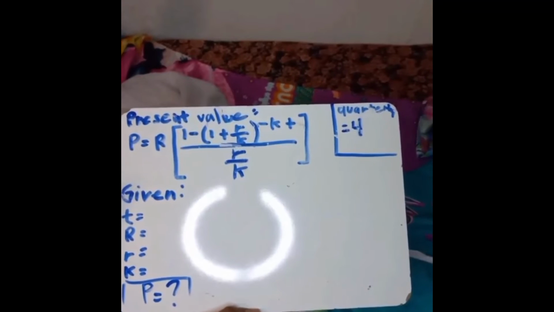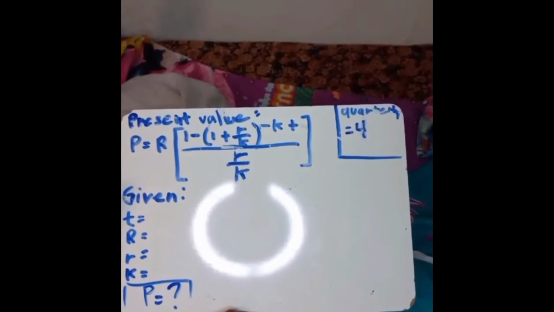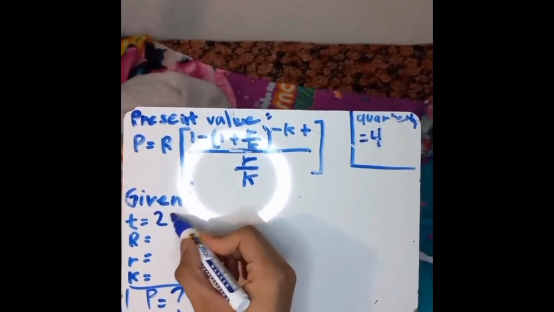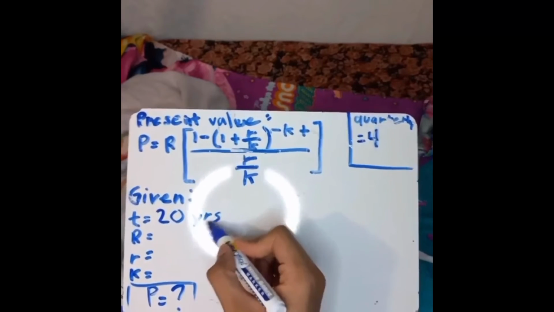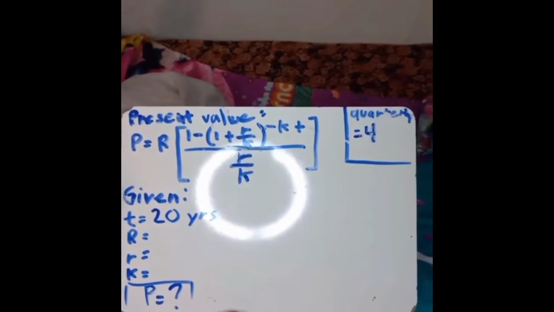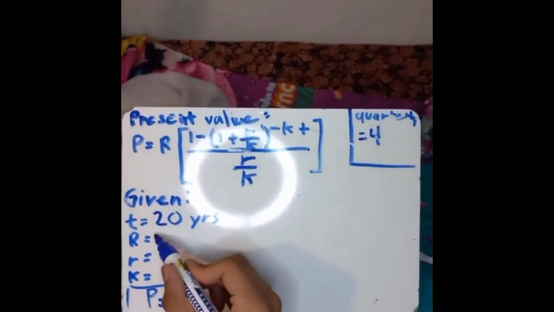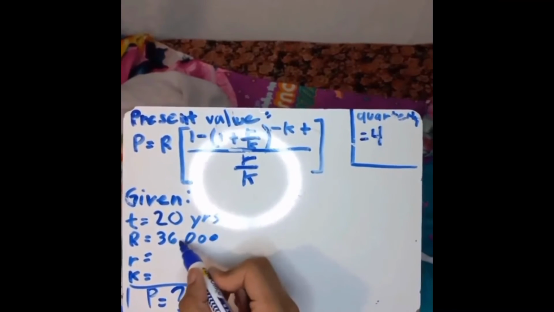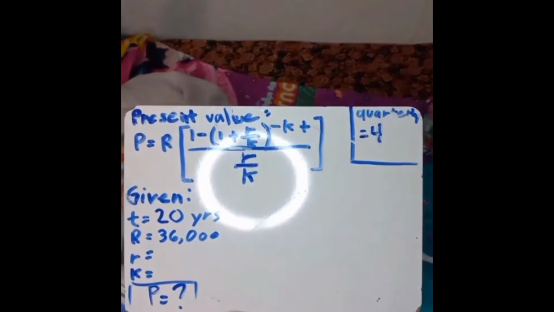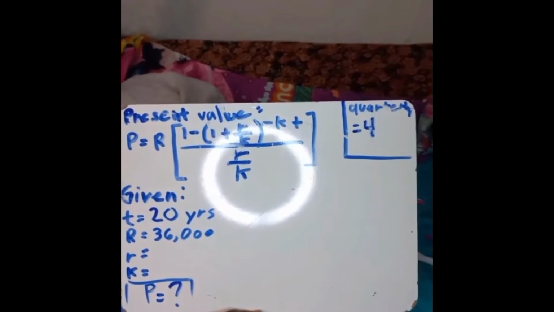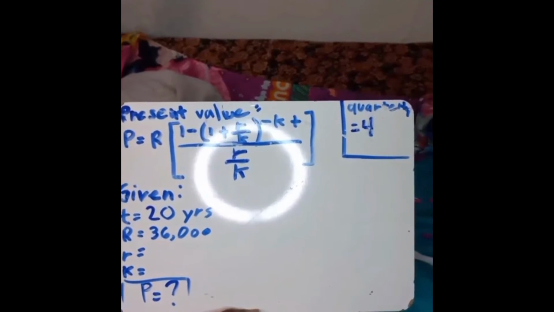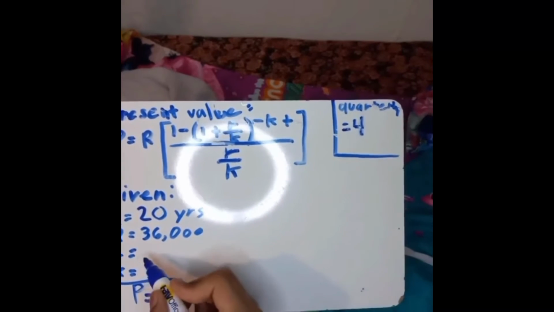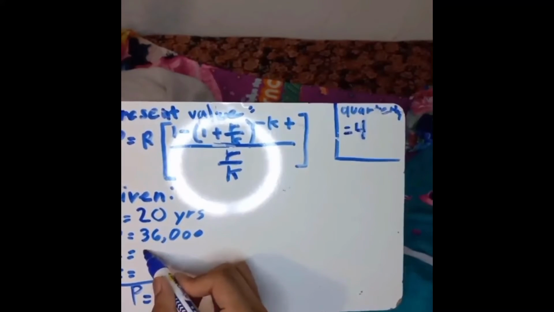So we have our time, which is 20 years. And our R is 36,000. And our rate is 12%. In decimals, that is 0.12.